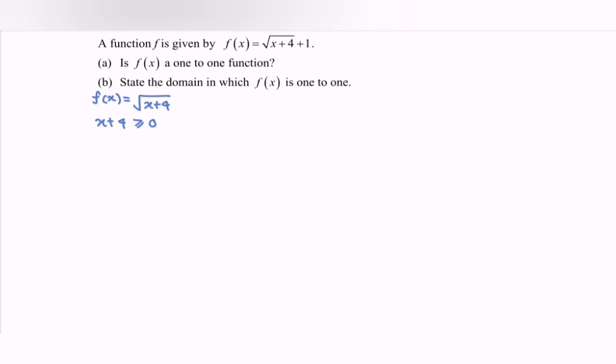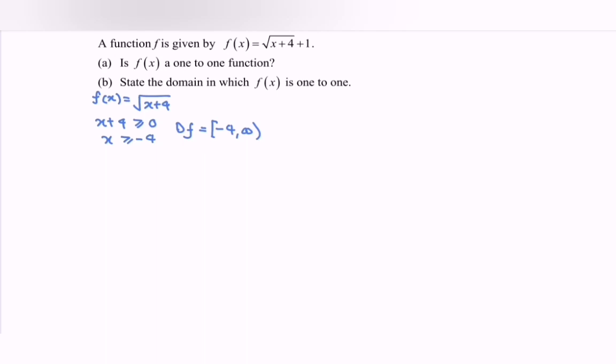Why? Due to the square root function, the element inside the square root must be greater than or equal to 0, and a negative value is not allowed. So x will be greater than or equal to negative 4. The domain for f would be the closed bracket negative 4 until infinity. That will be the domain.